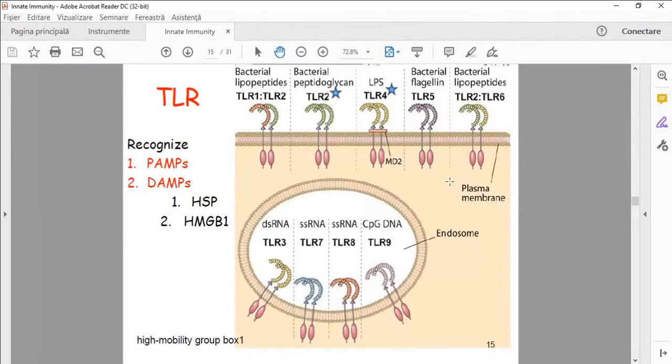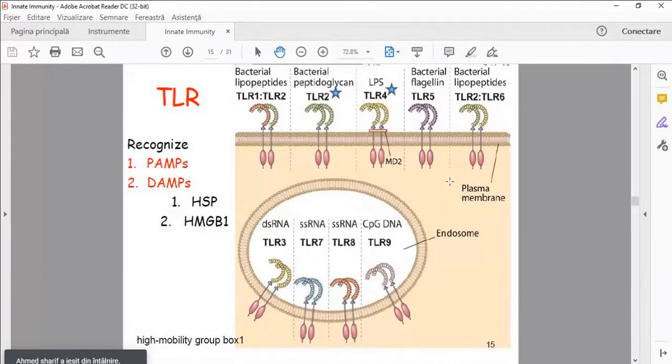And besides pathogen-associated molecular patterns, they are able to recognize also some molecules which are called damage-associated molecular patterns. For example, HSP, which is heat shock protein.